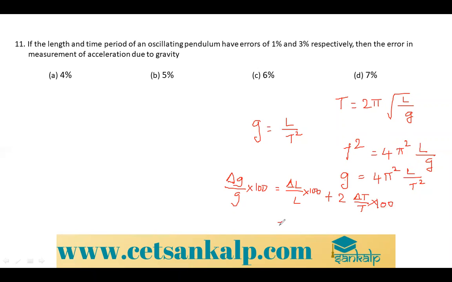So it is 1% plus 2 into 3%. How much is that? 6. 6 plus 1, 7%. So the final answer will be 7%. I hope you are clear with this.